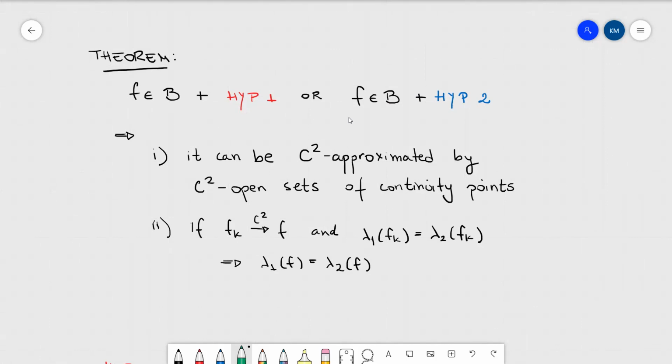And I'm not able to prove the conjectures in the general setting, but I'm able to give a partial answer to the conjecture when I'm adding these two conditions here.